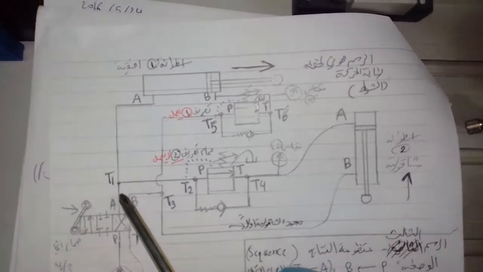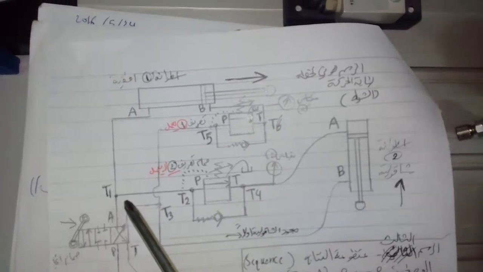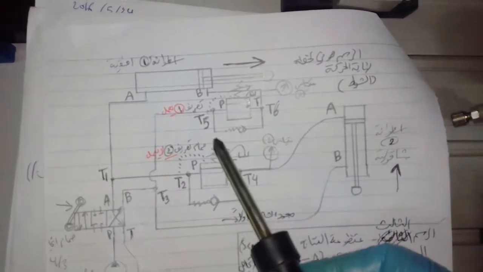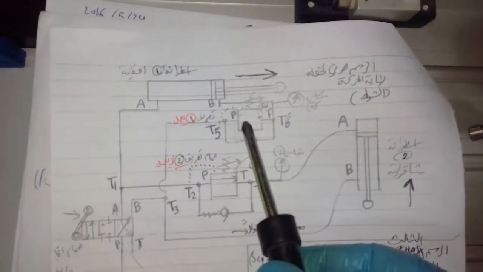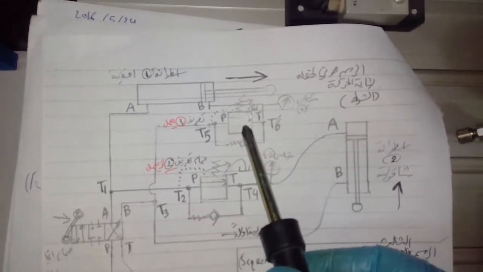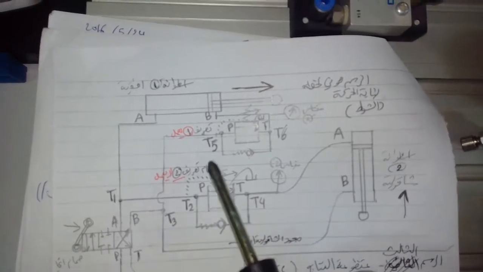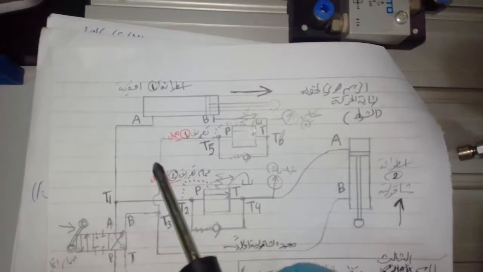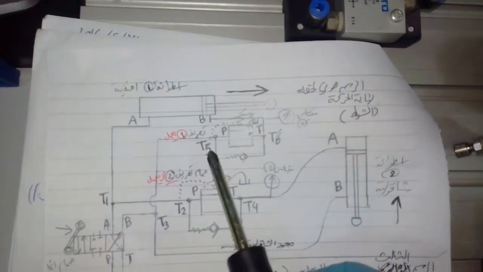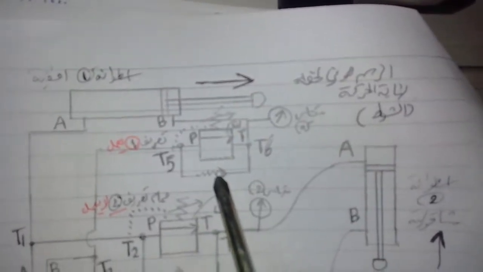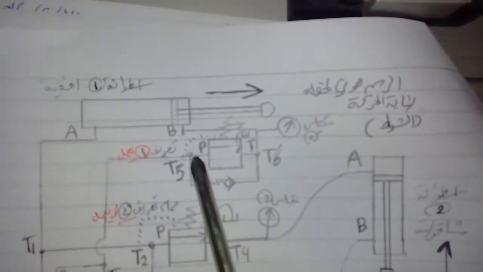So the flow would force this relief valve to open, because the pressure in this line, T3 and T5, would increase. So it has two ways to flow, either from the non-return valve, which prohibits this movement, or through the first relief valve here.